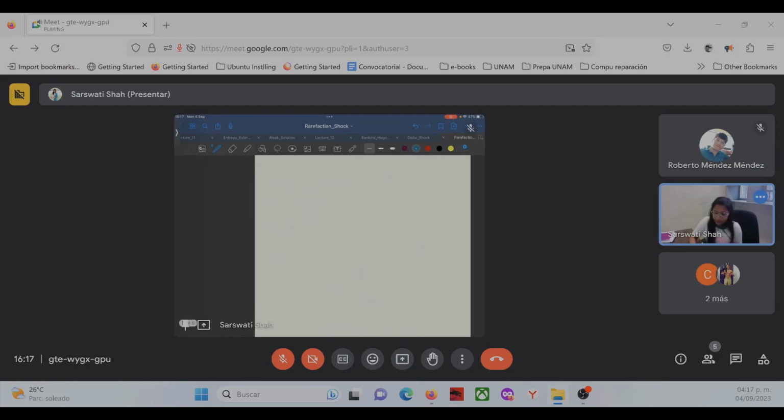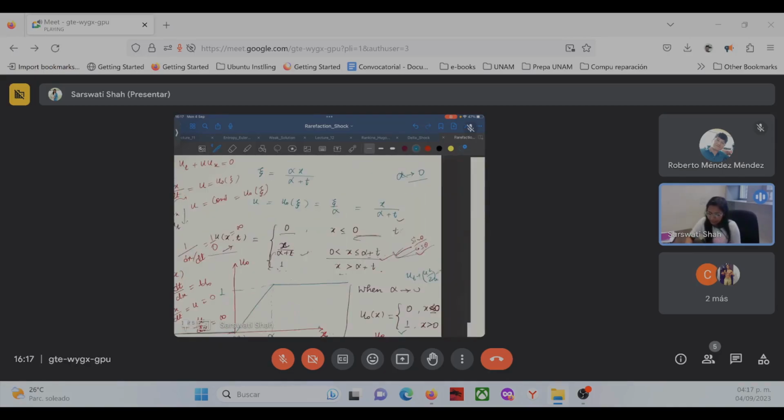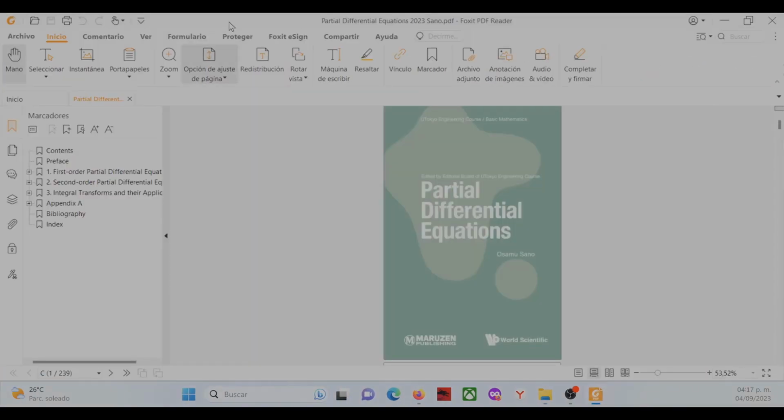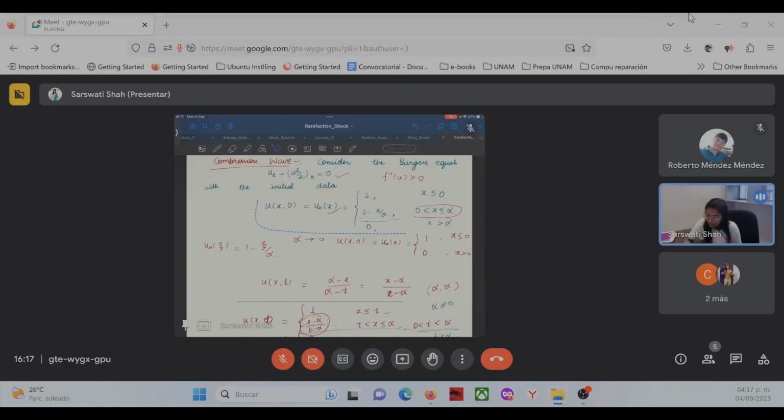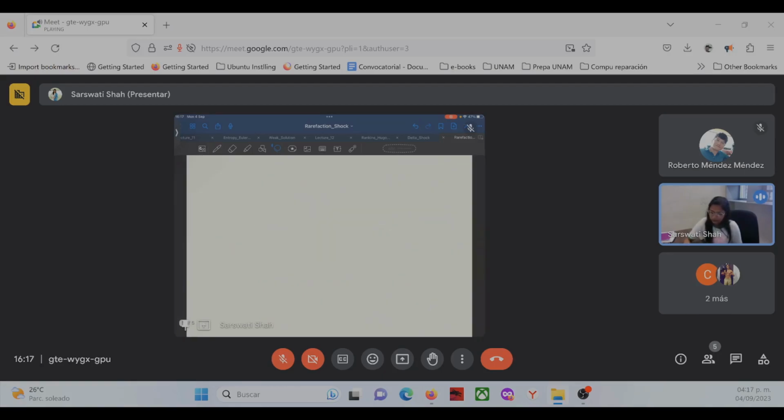So let's proceed. I am proceeding with the same initial data. I am not changing the initial data because this is important. I will change the initial data later, but don't take alpha equals 0.